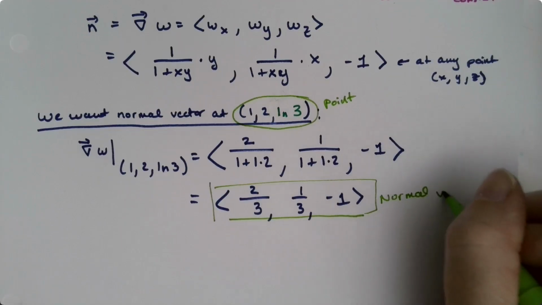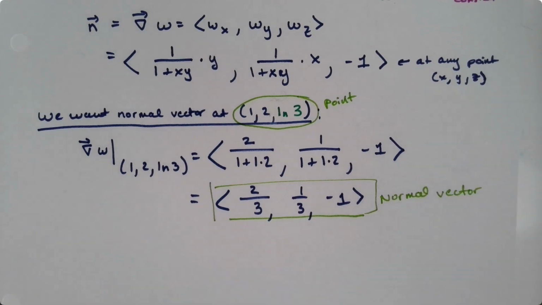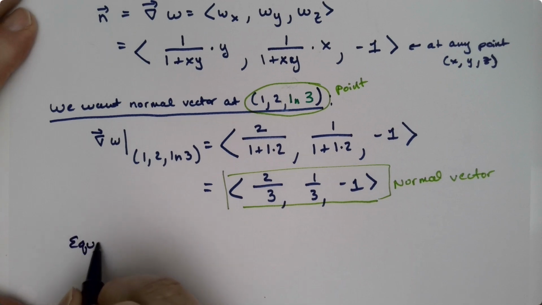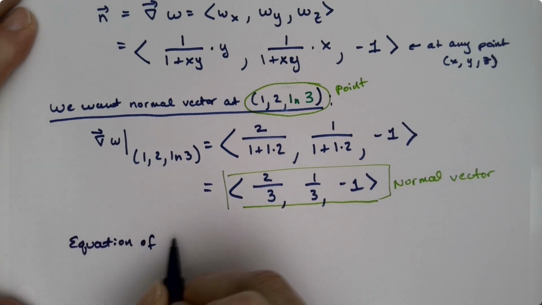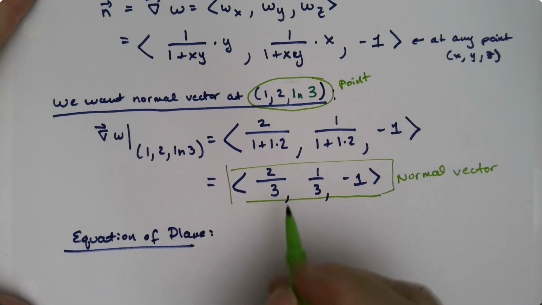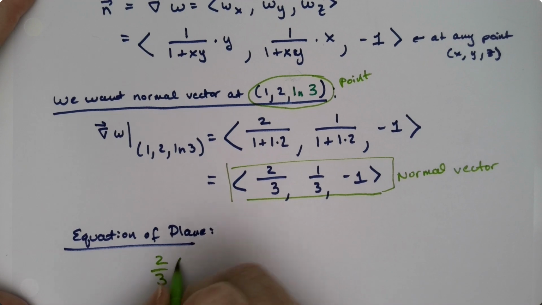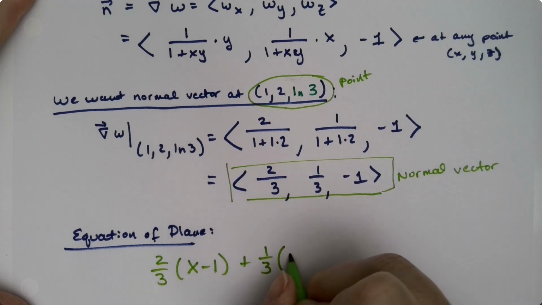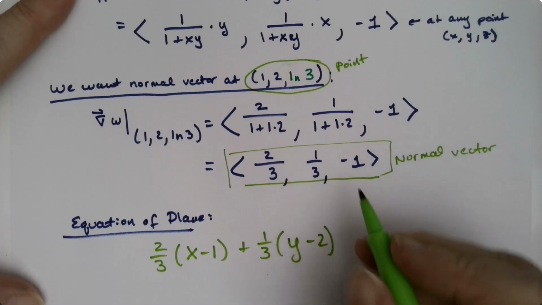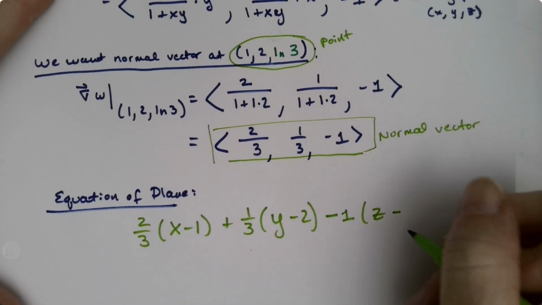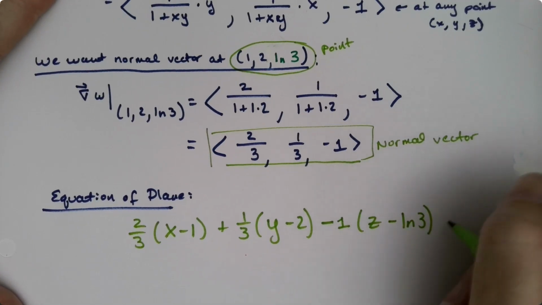And so we put them together and we say that the equation of the plane would be 2/3 times (x minus 1) plus 1/3 times (y minus 2), take away 1, if you will, times (z minus the natural log of 3) equals 0.